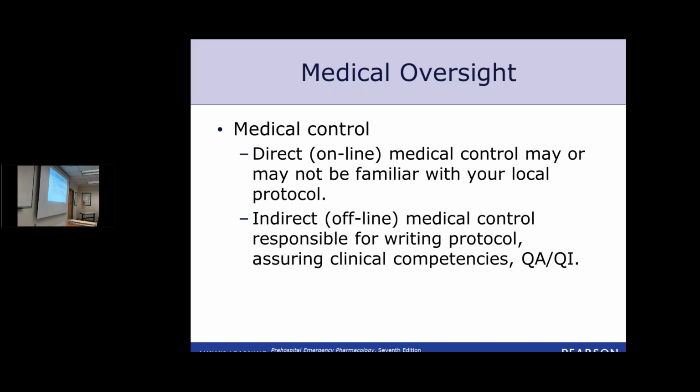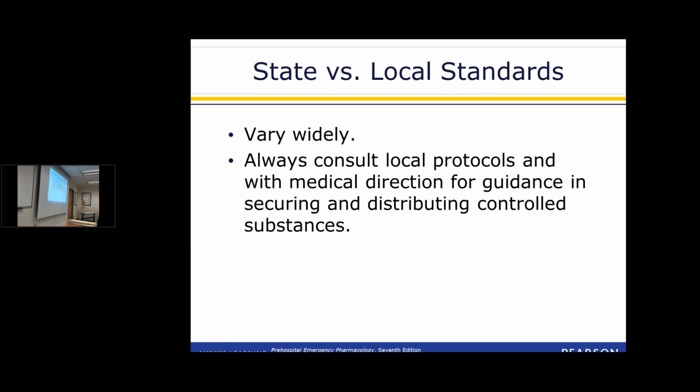And oh, by the way, you come up for peer review or QA, QI is part of what they're looking at for other medications as well. The state versus local standards vary widely. That's what I was talking about in terms of going from one county to another or from state to state in terms of what's been approved. So there's this huge disparity in terms of each drug and how it's used.